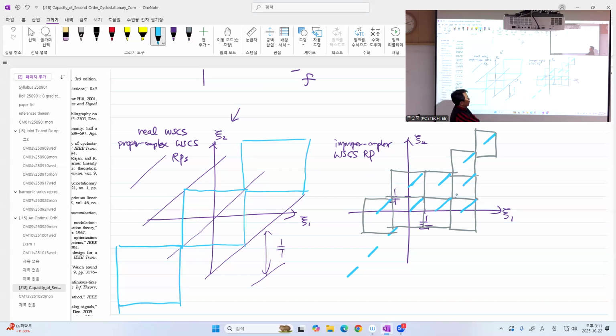Now, what about the lower branches? And what about the cross correlation between one branch in the upper part and another branch in the lower part? What will happen?